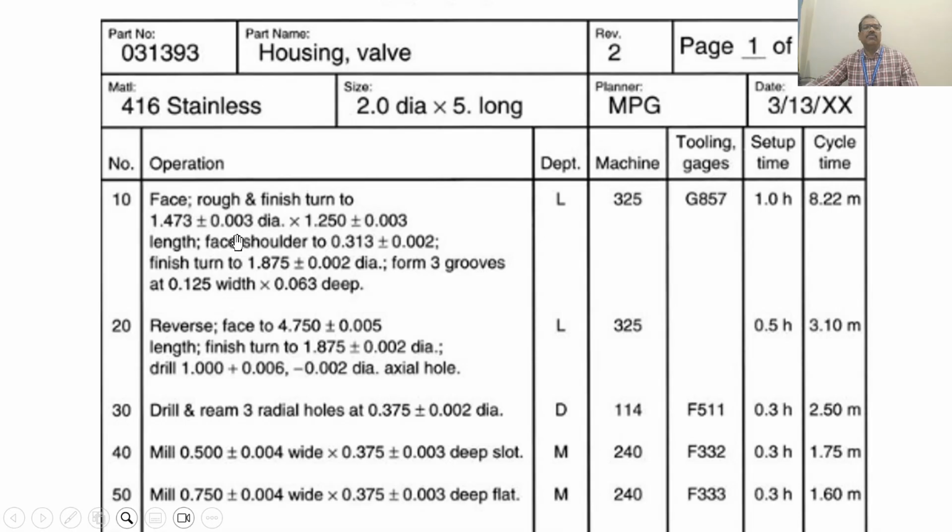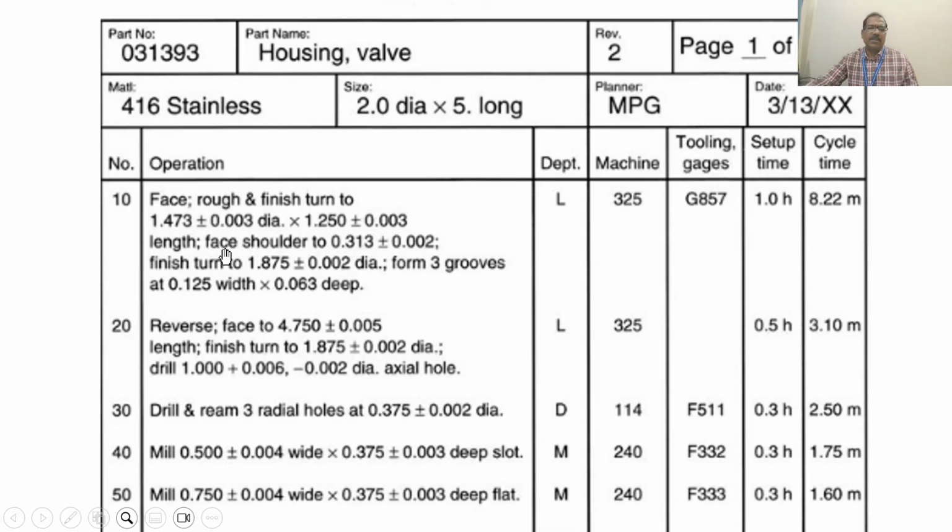So consider this: first they do the facing operation. After that, they do the rough and finishing turn. Here is the value: 1.473 plus or minus 0.003 diameter. Plus or minus is the tolerance value of 0.003, and the size is 1.473. Again, for the length, how much length they need: 1.25.